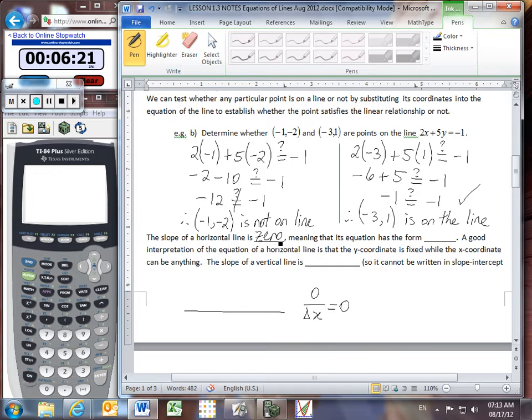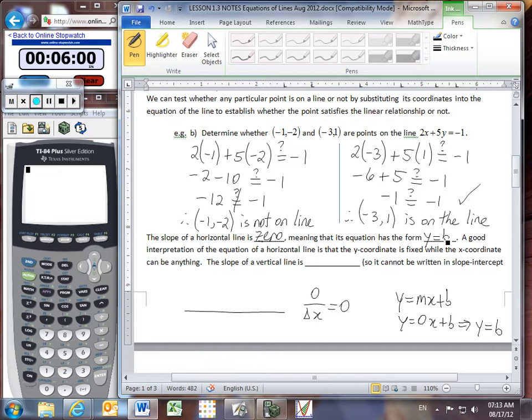And this would mean then, if you imagined your slope-intercept form of y equals mx plus b, but now remember that your slope, m, is 0, then we end up with simply y is equal to b as our form. So you'll notice that y is equal to a constant value.